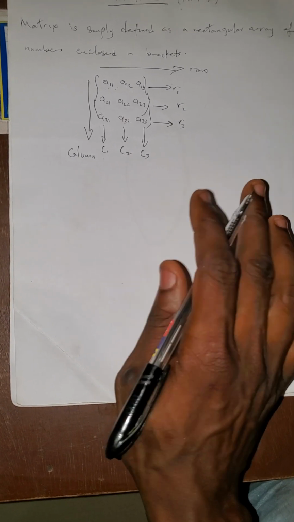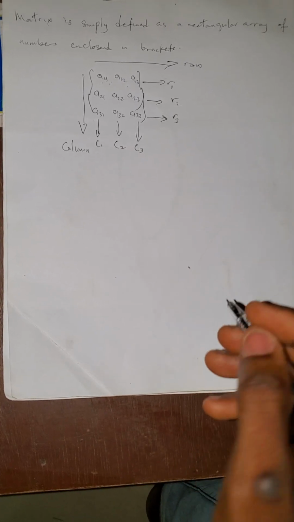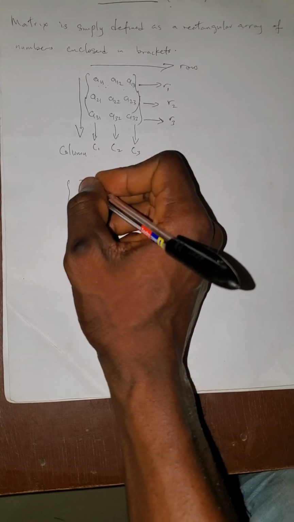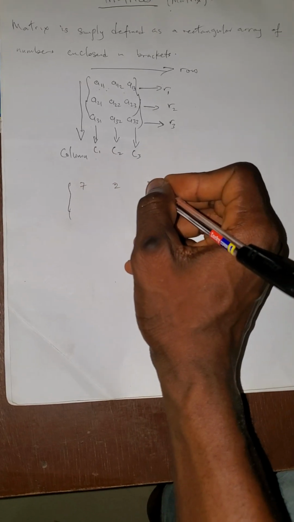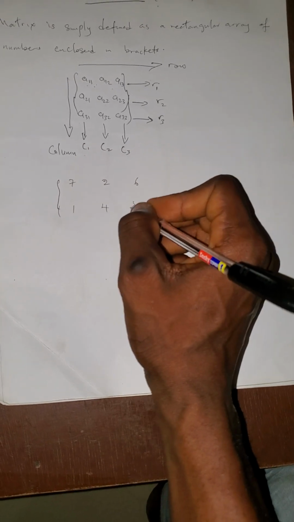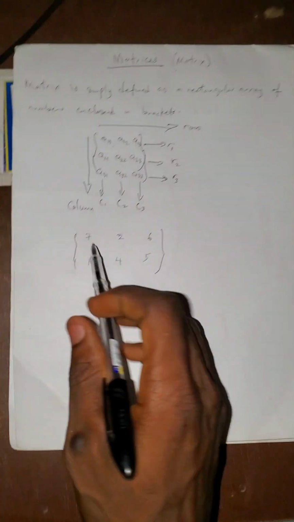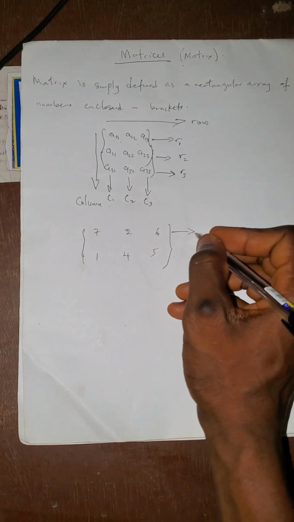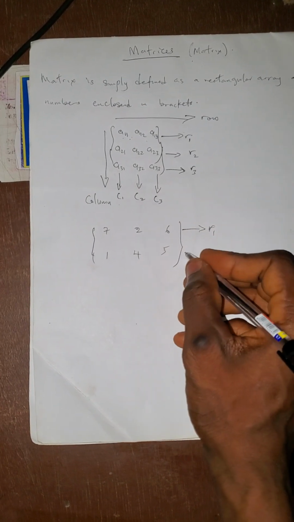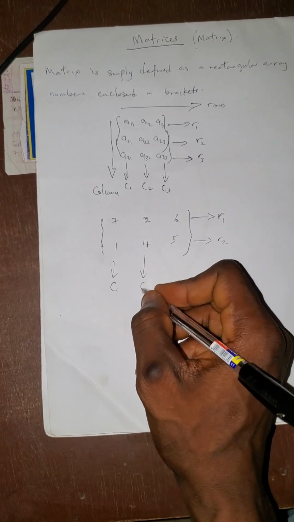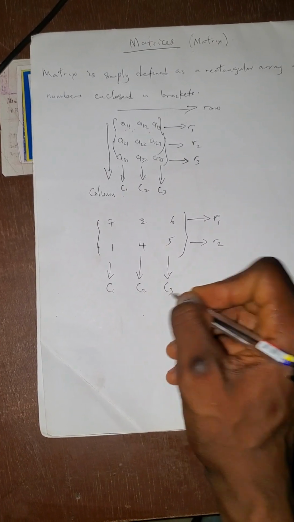Now, if you check an example, if you have 7, 2, 6, 1, 4, 5. If you check this very well, you will observe that this 7 is in row 1. This one is also row 2. This is column 1. This is column 2. This is column 3.